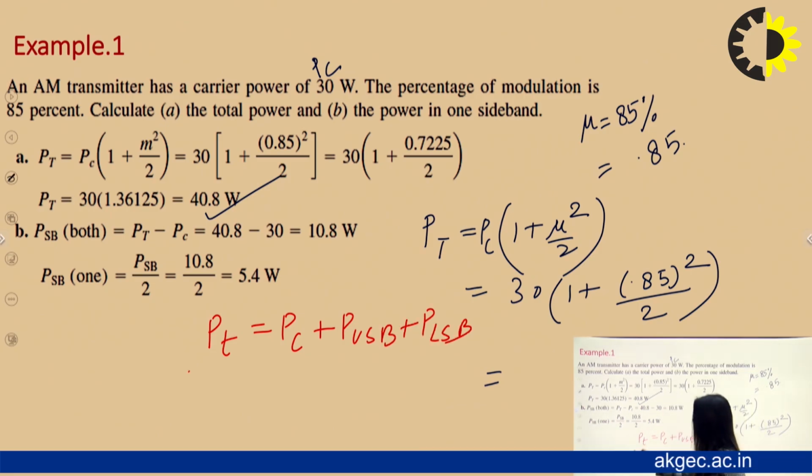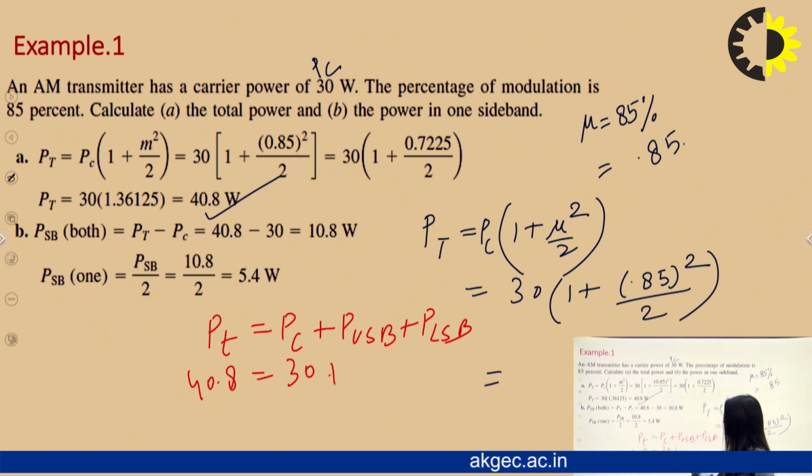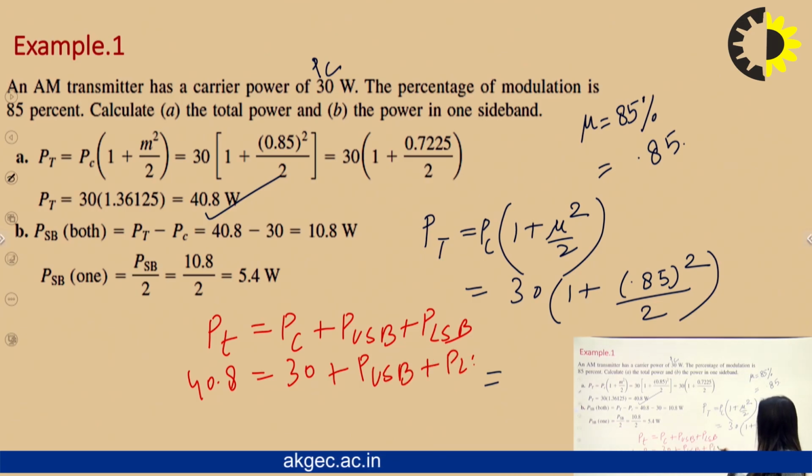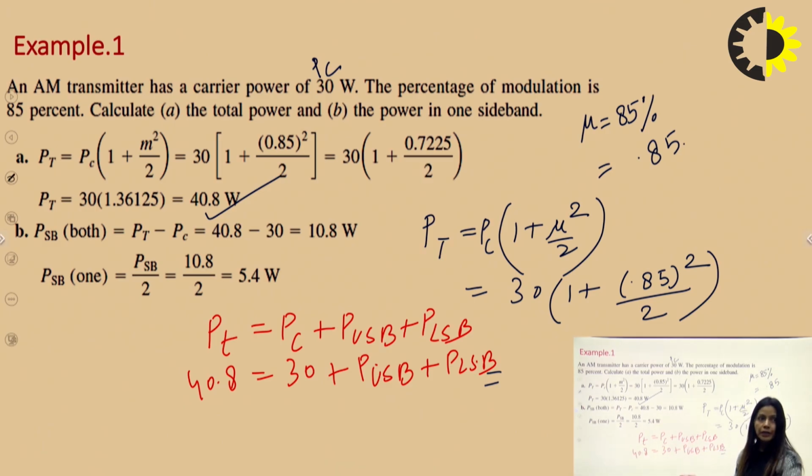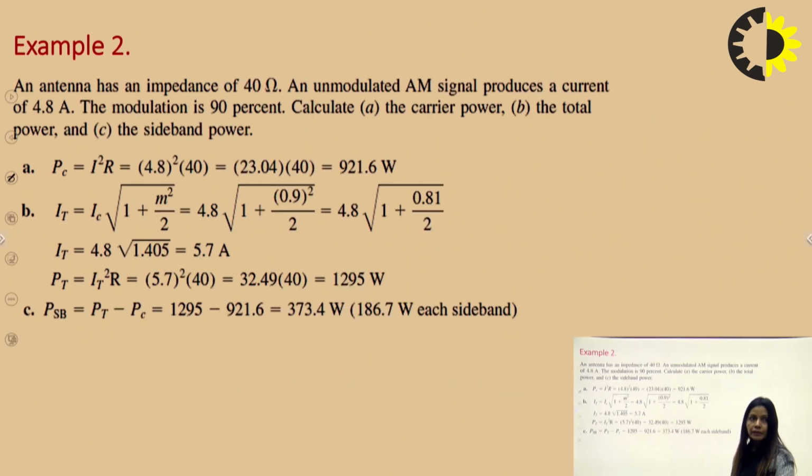I know the total power is 40.8 and this is 30 plus PUSB plus PLSB. PUSB and PLSB are equal. So 40.8 minus 30 divided by 2 gives 5.4 watts, the power in each sideband.